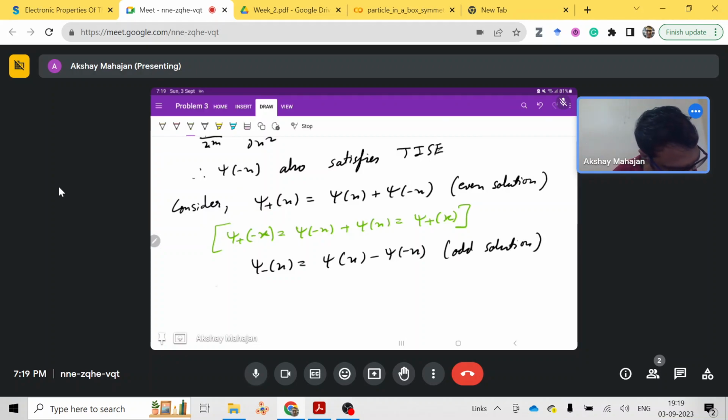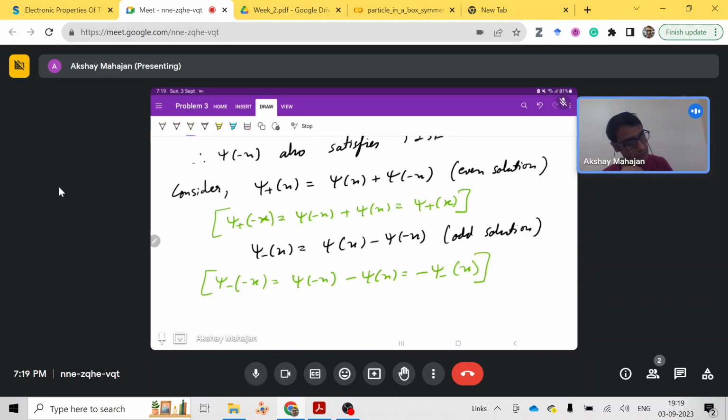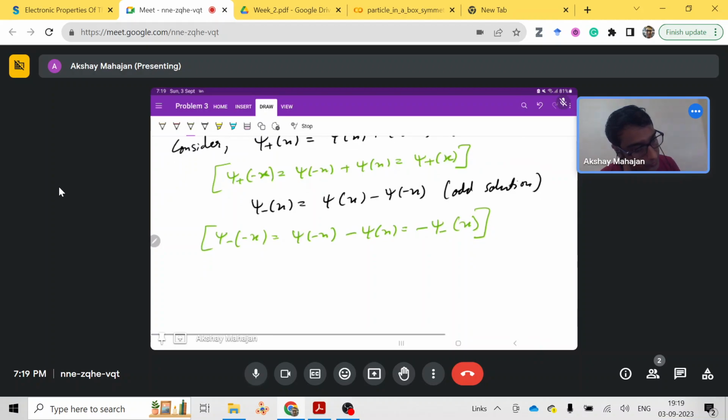We can check that psi minus of minus x is equal to psi of minus x minus psi of x, which is the negative of this function. You can see this is just the negative sign.